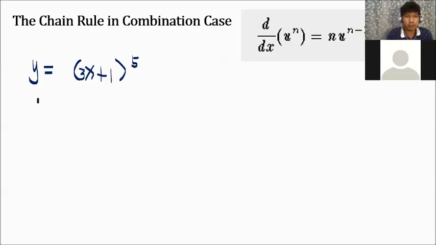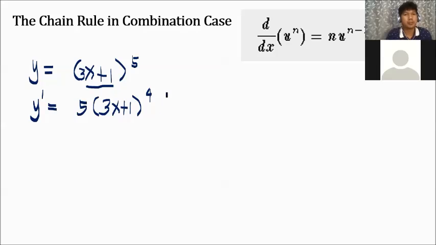We solve the derivative y prime, then we have an exponent of 5, so we just write 5 here. Then 3x plus 1. Because this is 5, then we subtract 1, so this is 4. And we just get the derivative of that function.